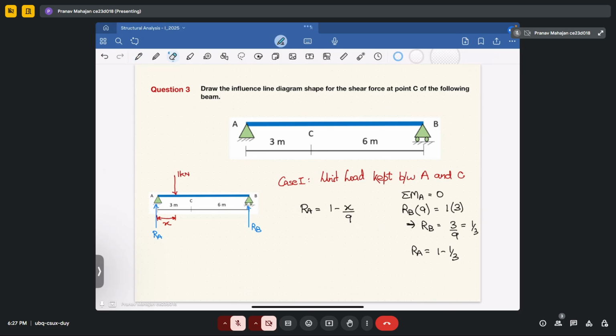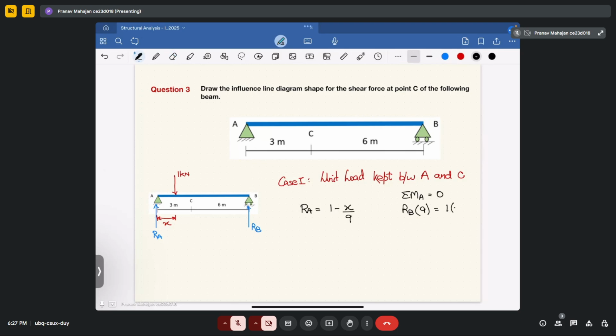But in this case, since I already took it to be 1 into 3, it would be h. Fine. So if it is h, I am not taking it to be 3, then what will you get?